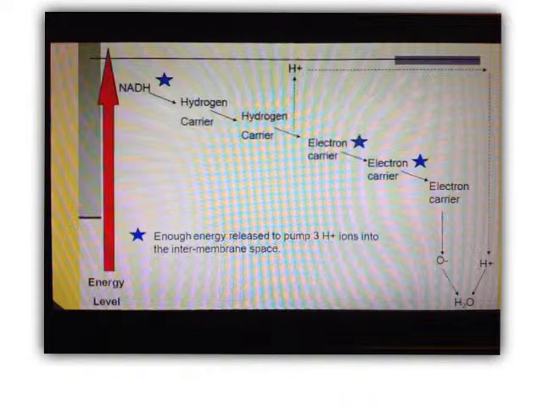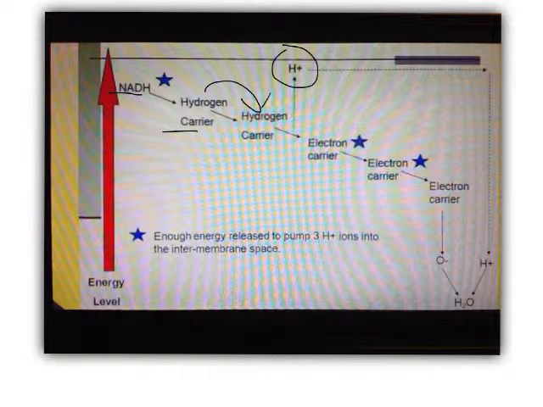So, as I said earlier, NADH is at a higher energy level than this one. Energy's released there, so we can pump these 3 hydrogen ions into the intermembrane space. Again, the hydrogen is then passed down to this next carrier, and then at this point something different happens. The hydrogen is split. So you've got your hydrogen ion here, your proton effectively, because hydrogen, remember, is only made of 1 proton and 1 electron.